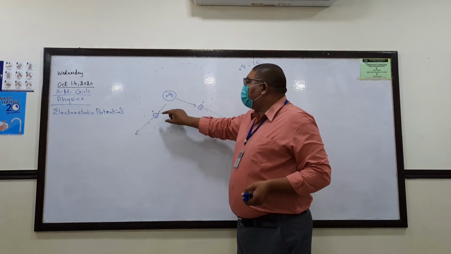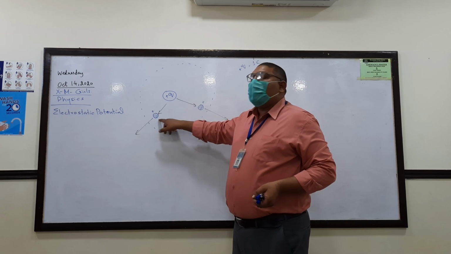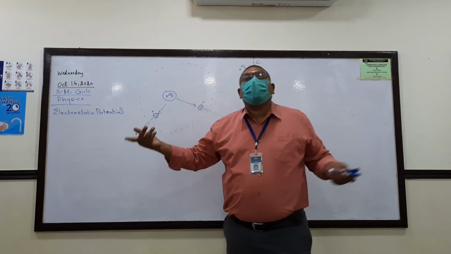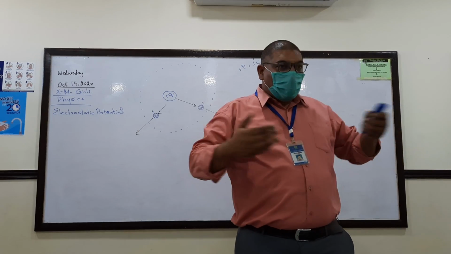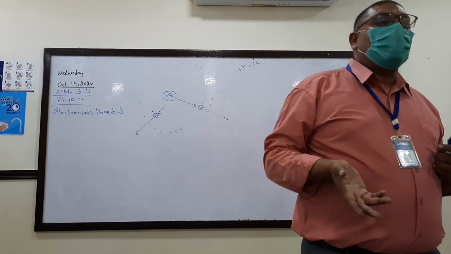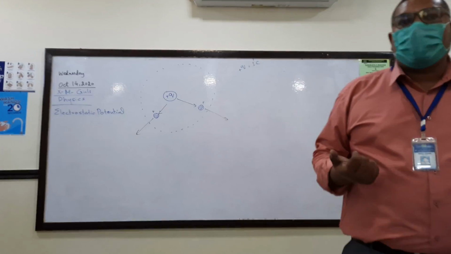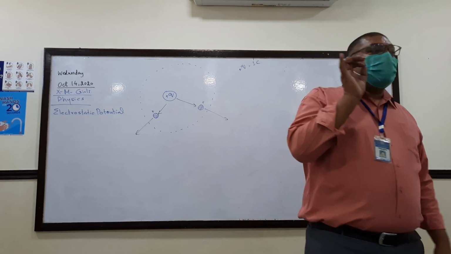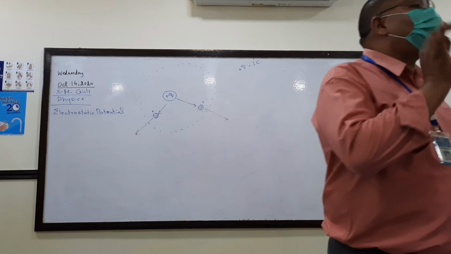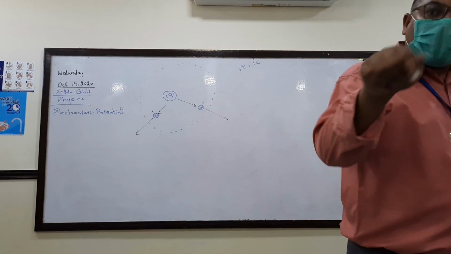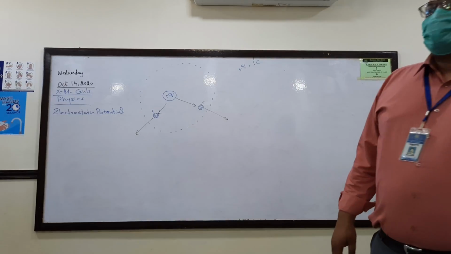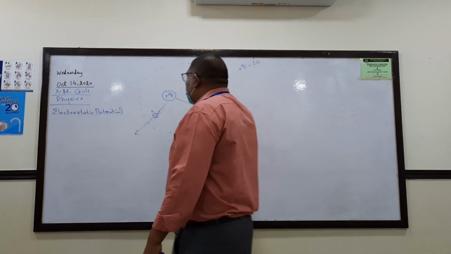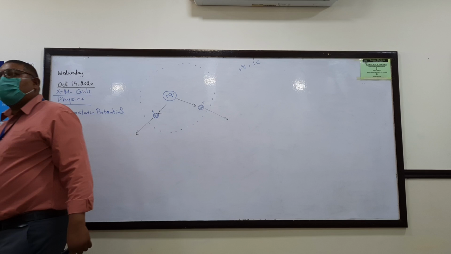For example, I put it at position A, and in whatever direction it moves due to the electrostatic force of attraction or maybe electrostatic force of repulsion, that will be the direction of the electric field at that point. Do you understand this idea that I am trying to tell you?